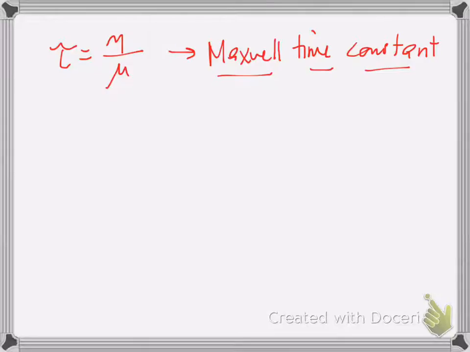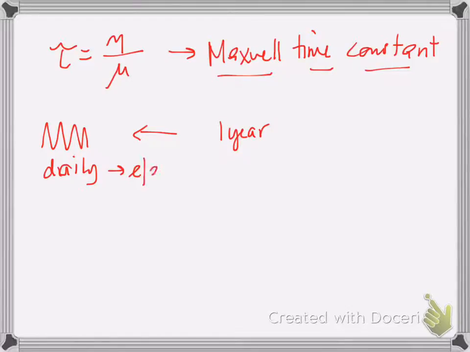So, for example, if your time constant is, say, 1 year, any kind of stress you apply that's less than 1 year, like a daily variation in the material, is going to be primarily that elastic behavior responding.